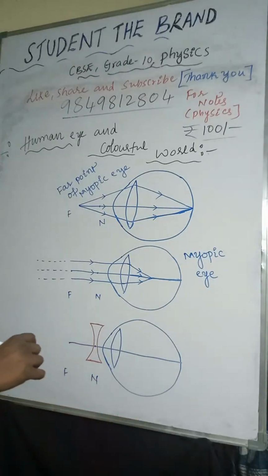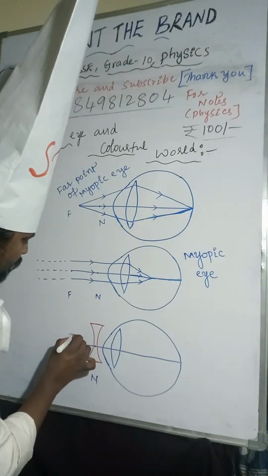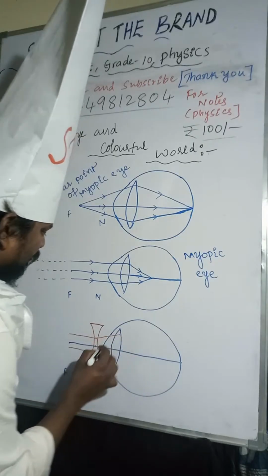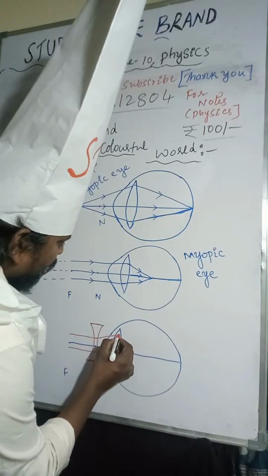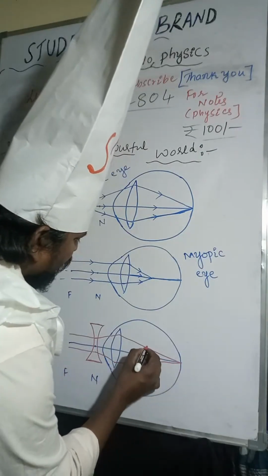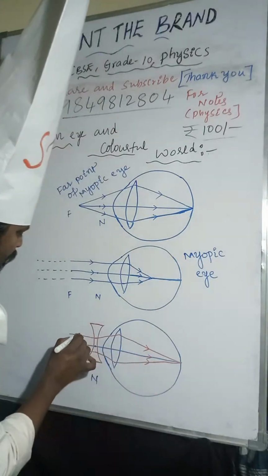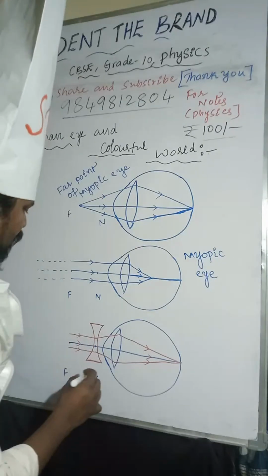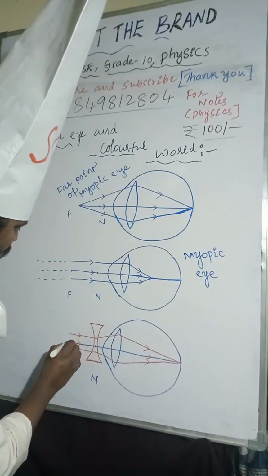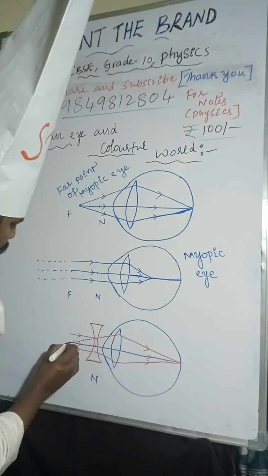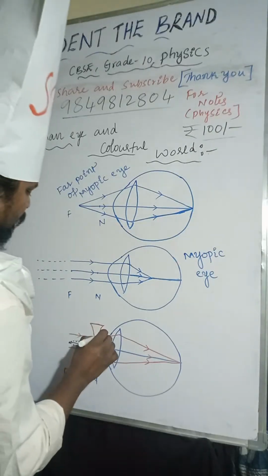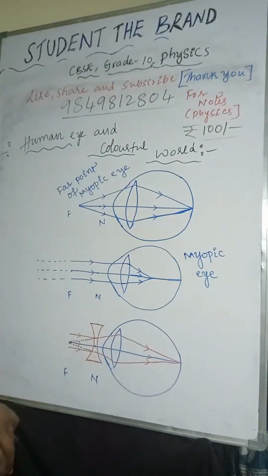Okay. How many light rays are required to form the image of the object? Minimum 2 light rays. So this is the correction of myopia.